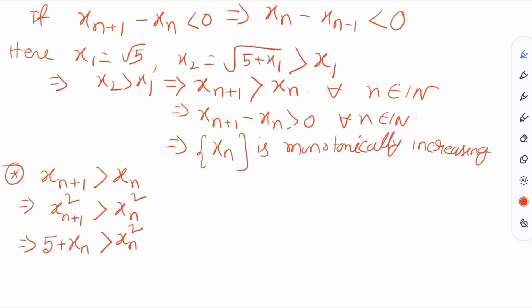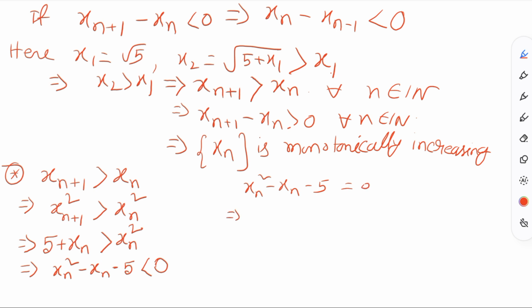Okay, now from this line you can write xn square minus xn minus 5 less than 0. Now here we assume xn square minus xn minus 5 equal to 0.